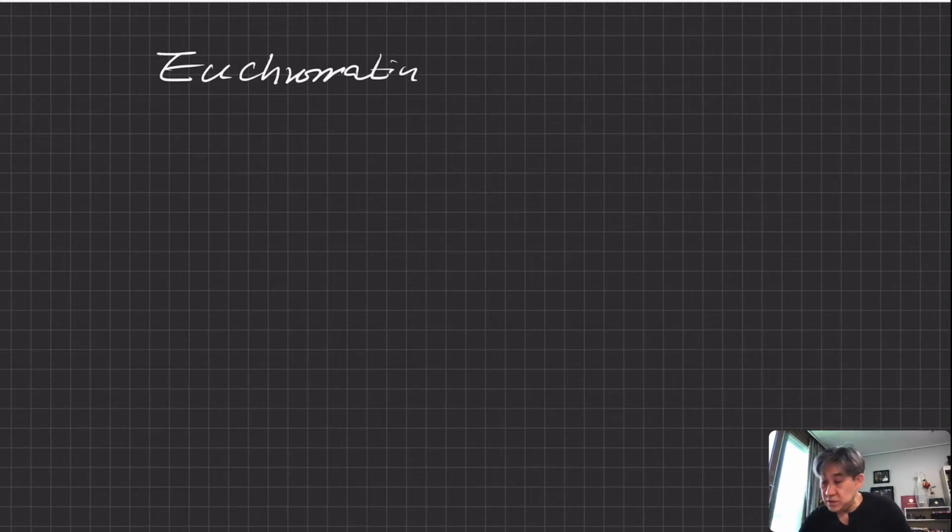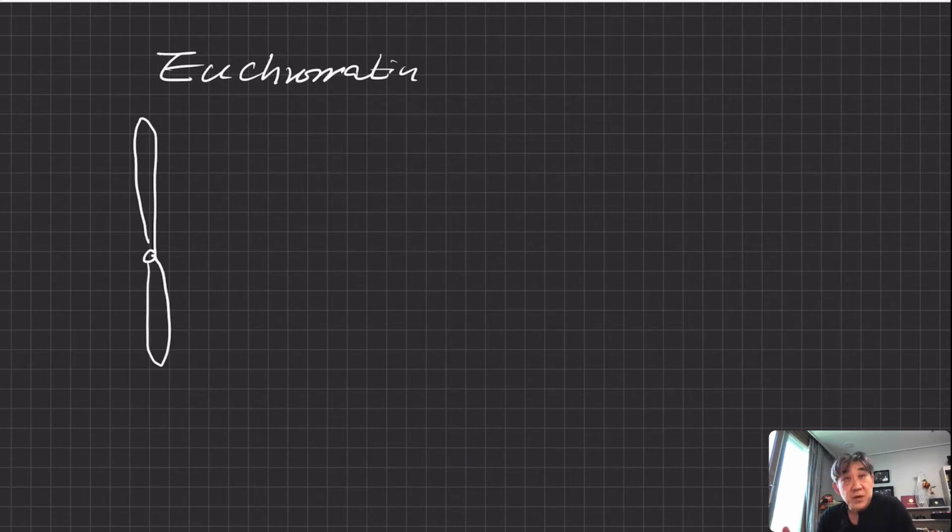This type of chromosome structure is the typical chromosome structure that we know of, highly condensed.